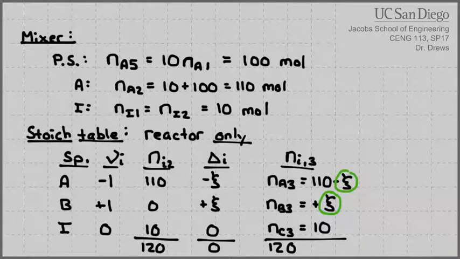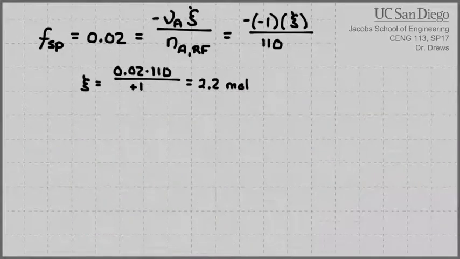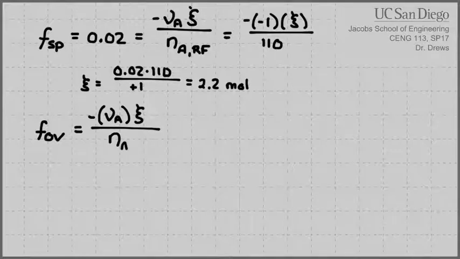But remember, the problem statement was asking for, let me flip back here, F overall. We have enough to figure out F overall right now, because our definition of F overall looks very similar to F single pass in that it is minus the stoichiometric coefficient of A times the extent of reaction, but now it's divided by the moles of A in the fresh feed, which we happen to know.